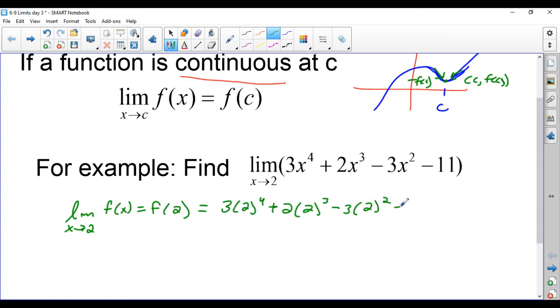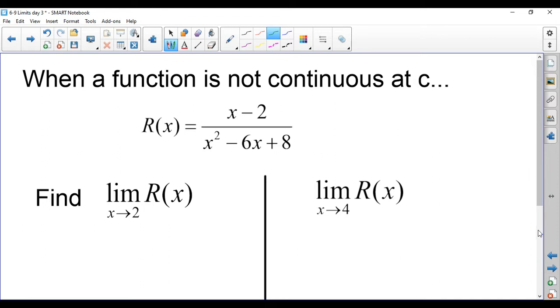Once I plug this in, I would type that on my calculator, and I would get that the limit as x approaches 2 of f of x is 41. If we graph the function, the point 2 comma 41 would be on the graph, and the graph would be continuous through that point. So if it's continuous, you can plug in the c value to get the limit.